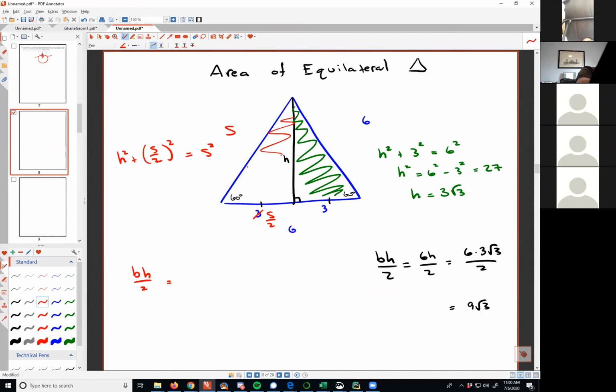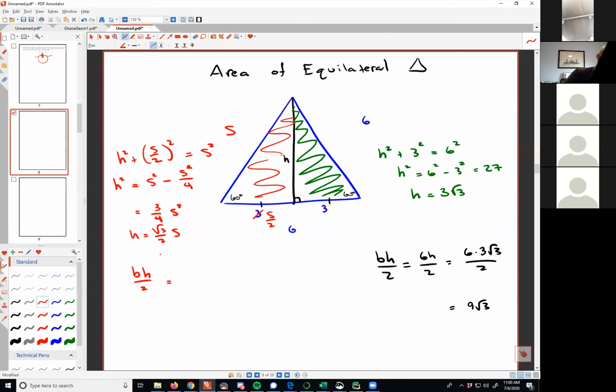Pythagorean theorem on the red triangle. So h squared is s squared minus s squared over 4, and that's 3/4 s squared. And the square root of 3/4 is root 3 over 2.